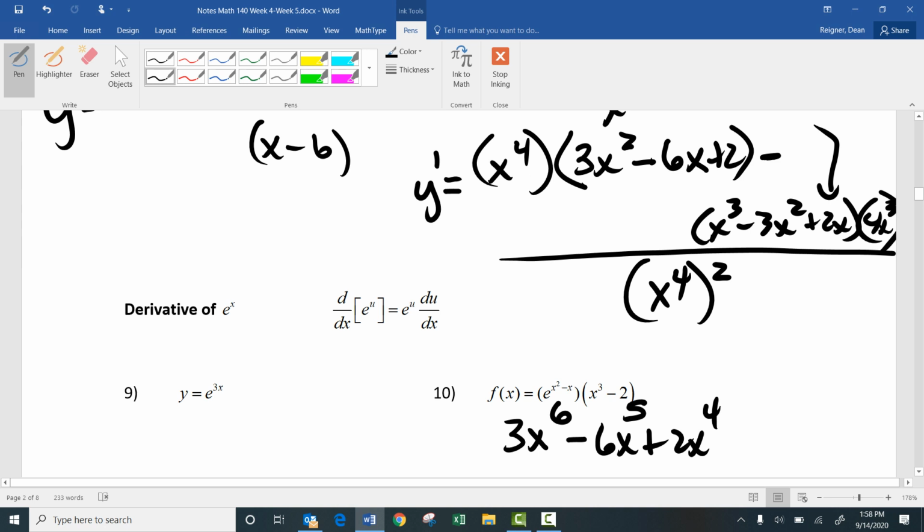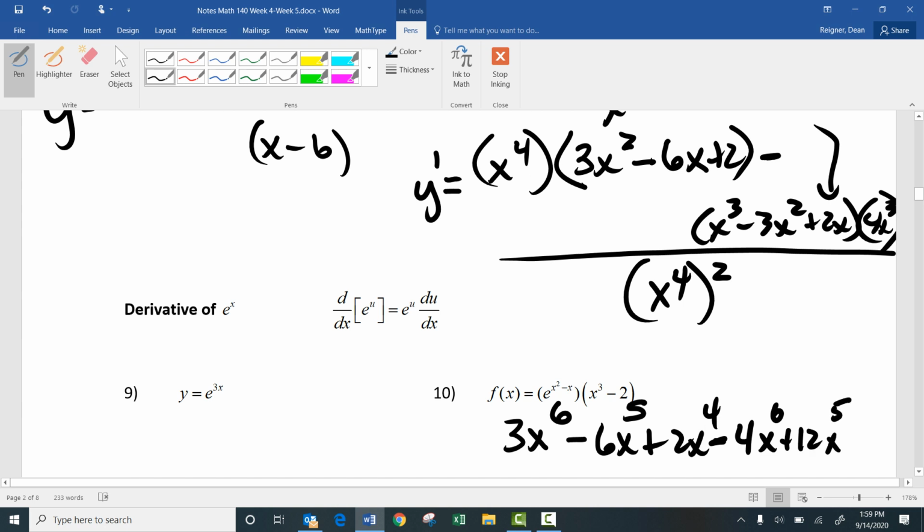And then when you multiply this through, don't forget this negative sign, you get negative 4x to the 6th. This negative makes that a positive, so you get positive 12x to the 5th.